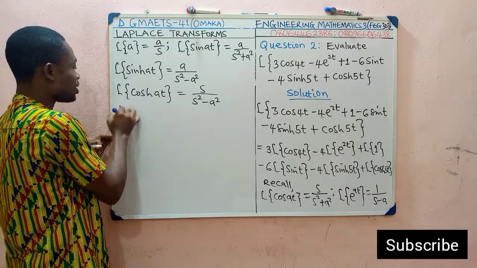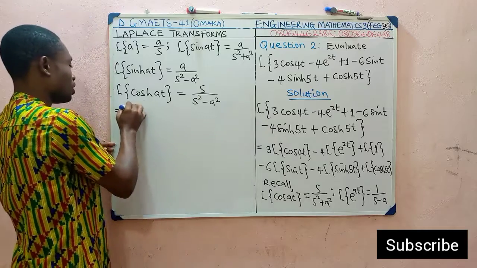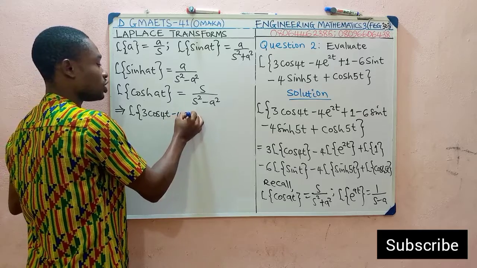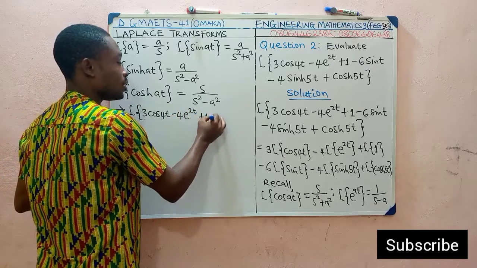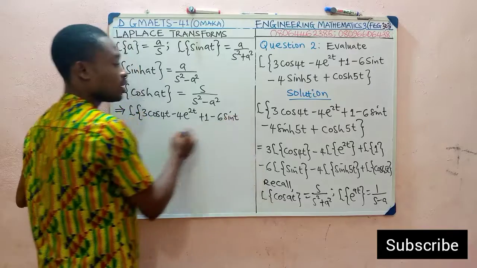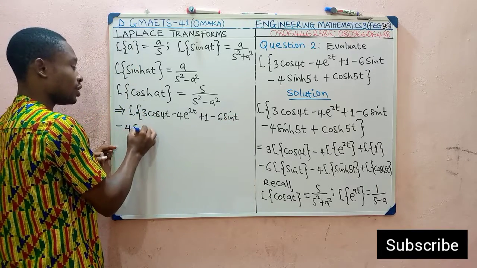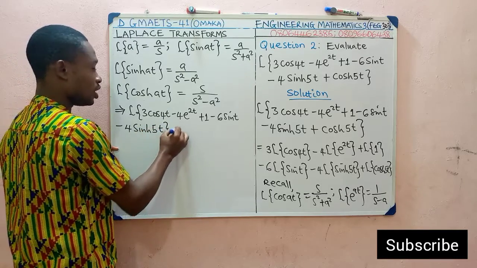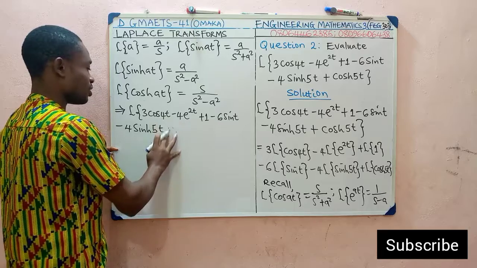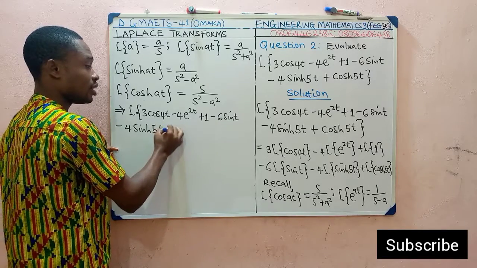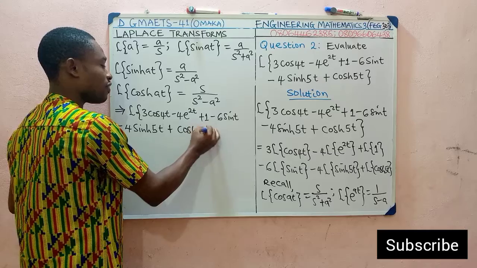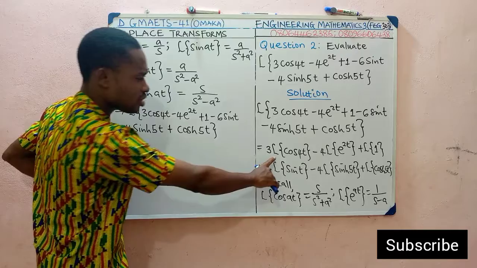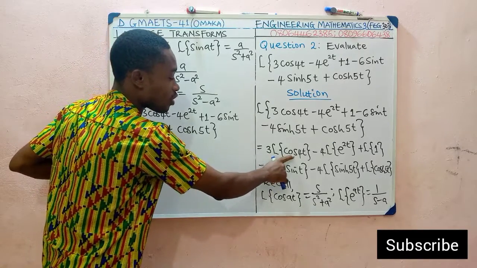Now, going back to what I'm solving: the Laplace transform of 3 cos 4t minus 4 exponential 2t plus 1 minus 6 sine t, then minus 4 sinh 5t, plus cosh 5t, is equal to, the first, 3 times Laplace of cos 4t.